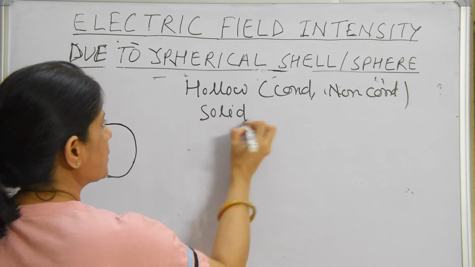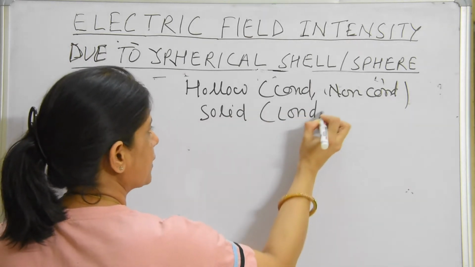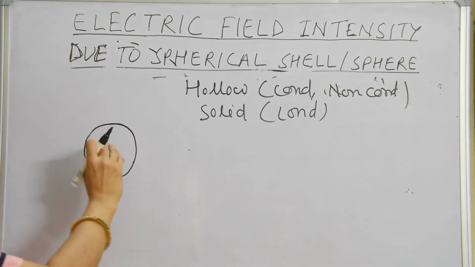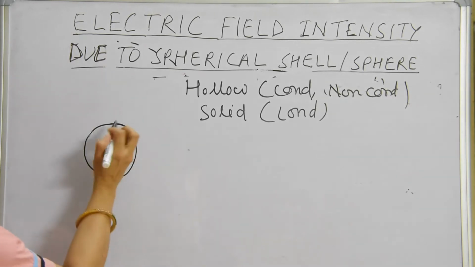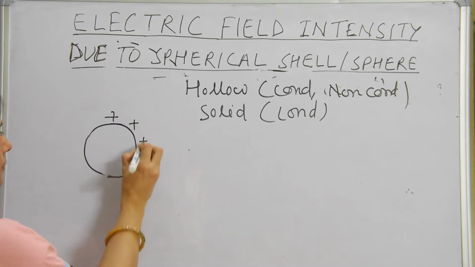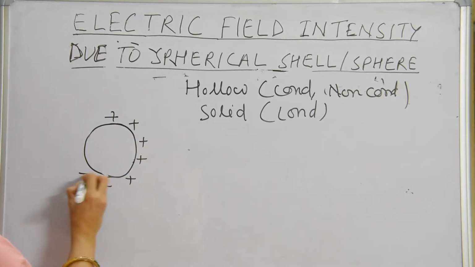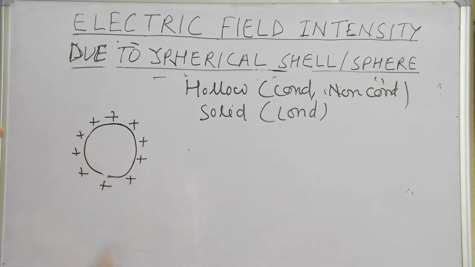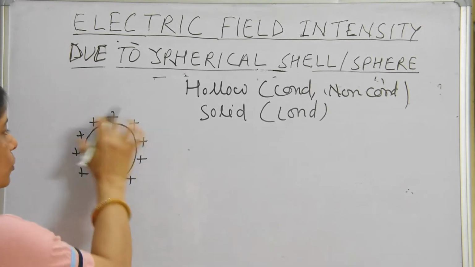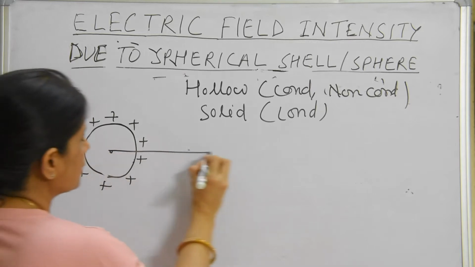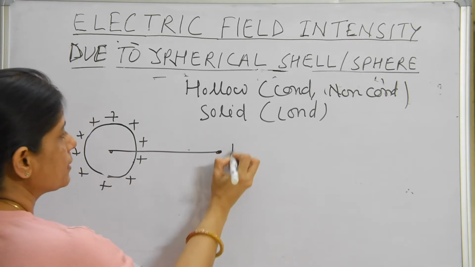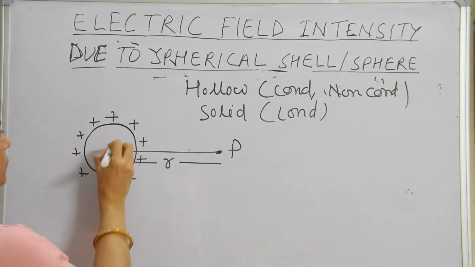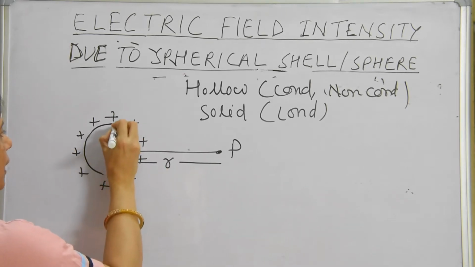If it is a solid conducting sphere, the charge would automatically be pushed outward, onto its surface. So, as I told you before, the three cases are the same. Now we have to find the electric field intensity due to this sphere at point P, where this distance is r and the radius of this sphere is capital R.